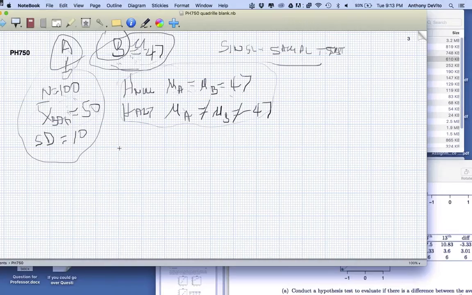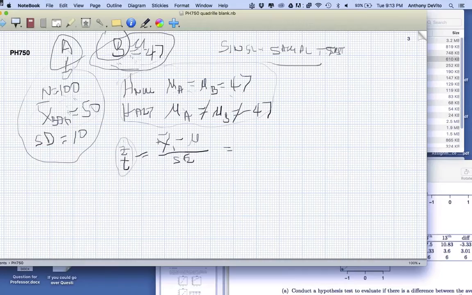What do we call the number of standard errors? We call that either the z-score or the t-score. I'm going to discuss in a second which one we're going to use. The z-score or the t-score, the number of standard deviations, can be described as z or t equal to x bar 1 minus mu, or the value of the sample minus the mean that we're comparing it to, over the standard error.